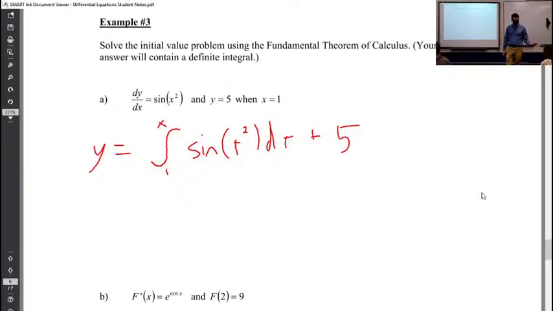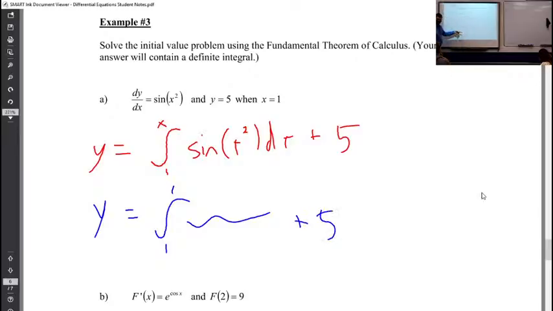Why do I know for sure what happens when x is 1? When x is 1, what happens here? 0. Of who cares?